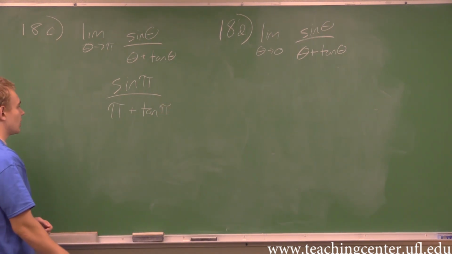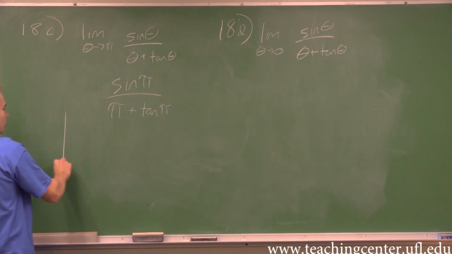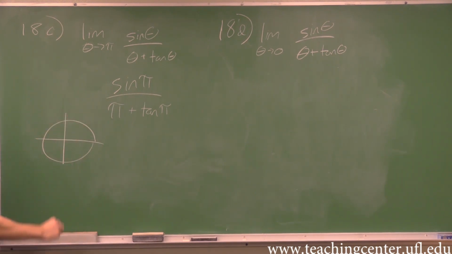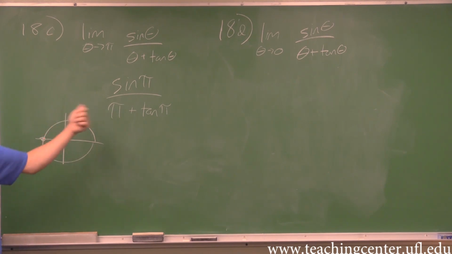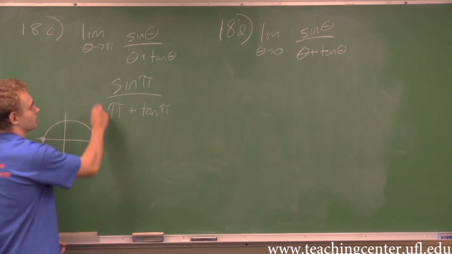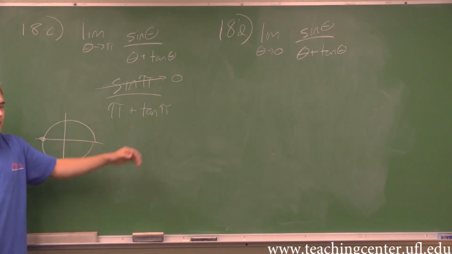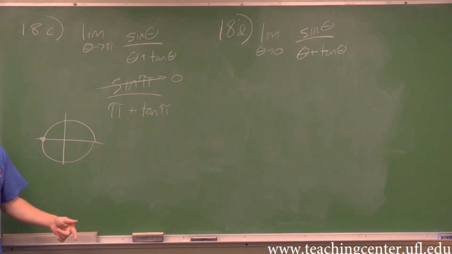Okay, so if we draw a unit circle, and we say sine of pi is right here, the y value is 0, so sine of pi is 0. Tangent of pi, right? Tangent is sine over cosine.